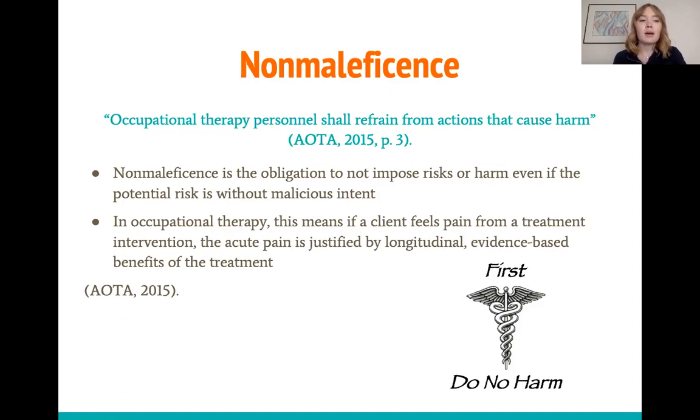Another thing would be avoiding dual relationships or conflicts of interest and situations in which you, as the practitioner or the student, or even an educator, researcher, or employer, are unable to maintain clear professional boundaries or objectivity.